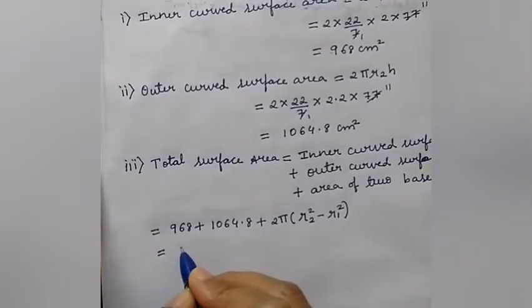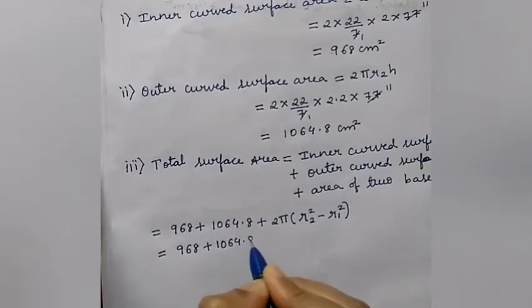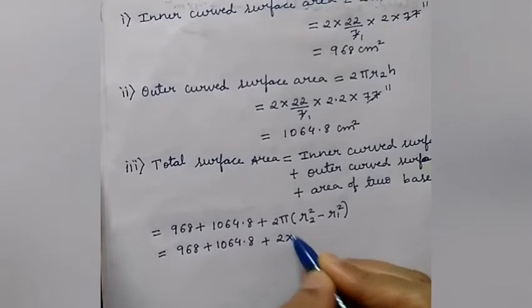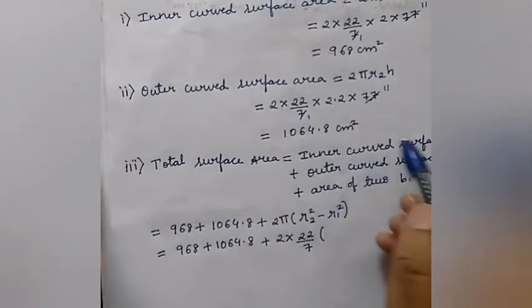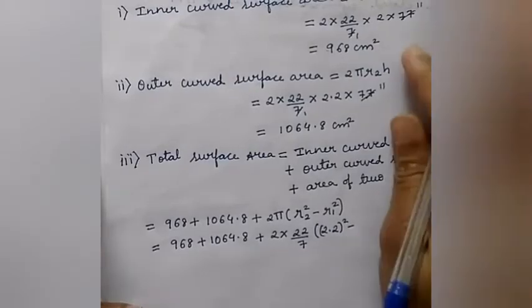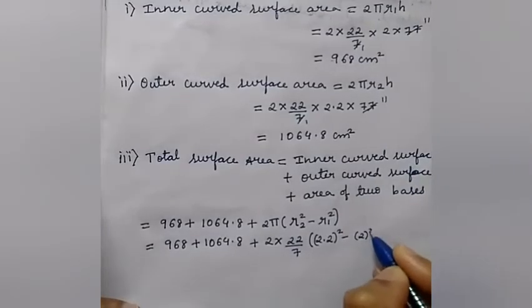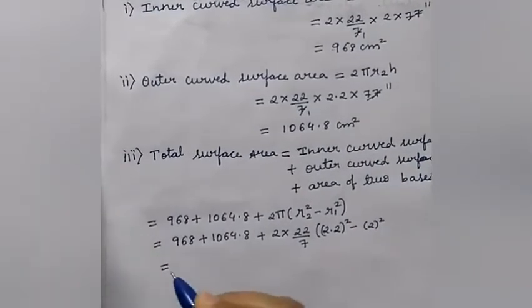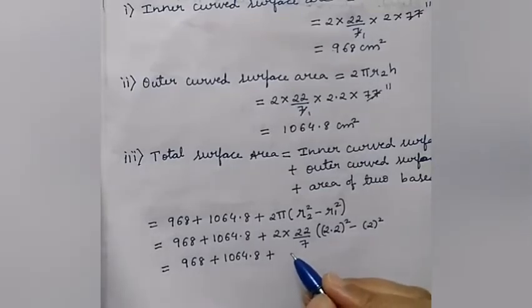Which is equal to 968 plus 1064.8 plus 2 into pi, 22 divided by 7, into r2, which we have got as 2.2 square, minus r1, the inner radius, which is 2 square.